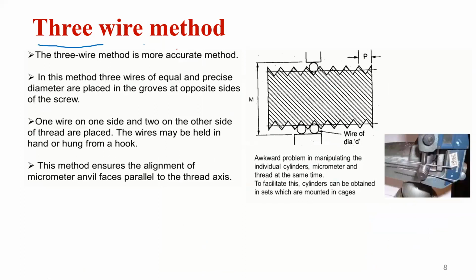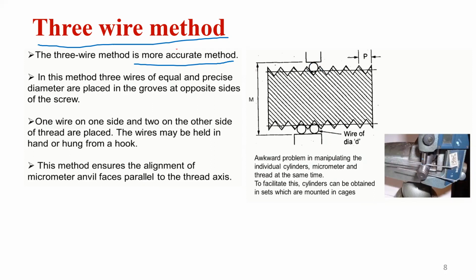Coming to the three-wire method. This three-wire method is a more accurate method compared to the one-wire and two-wire. In this, two wires are placed on one side of the screw thread into the grooves, and one wire is placed on the opposite side, in the grooves of the screw thread.